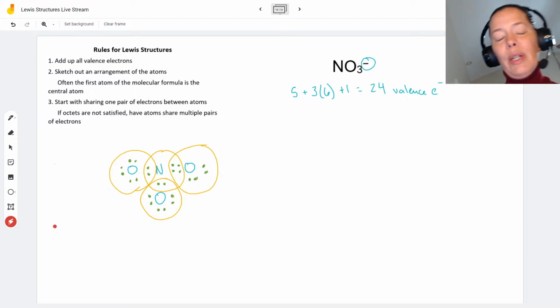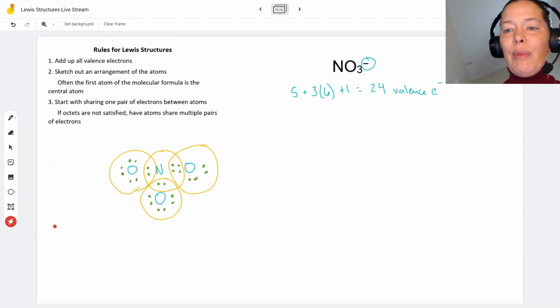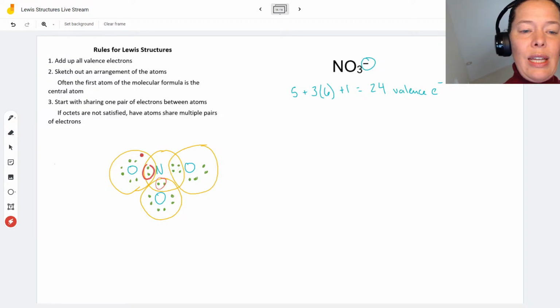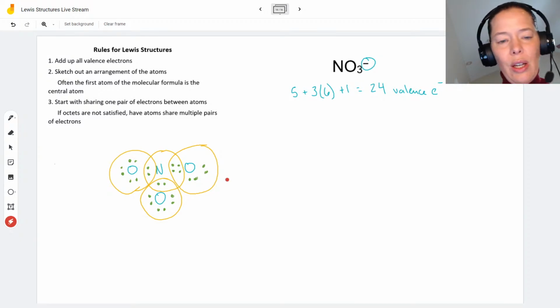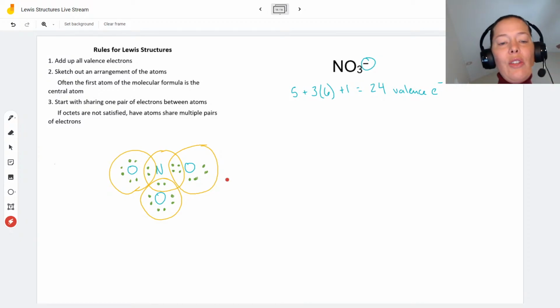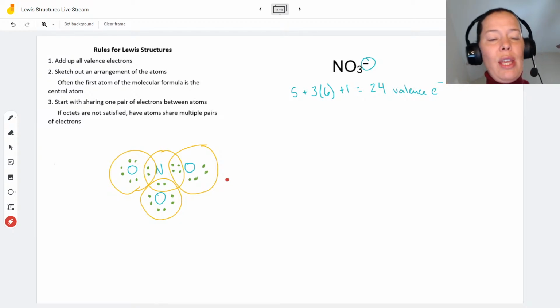Okay, again, because we did erasing and rewriting, let's make sure that we have 24 valence electrons. 2, 4, 6, 8, 10, 12, 14, 16, 18, 20, 22, 24. Yes, okay, so we should be good. We've got our valence electrons. And you can see that nitrogen has one double bond to an oxygen and a single bond to the other two.